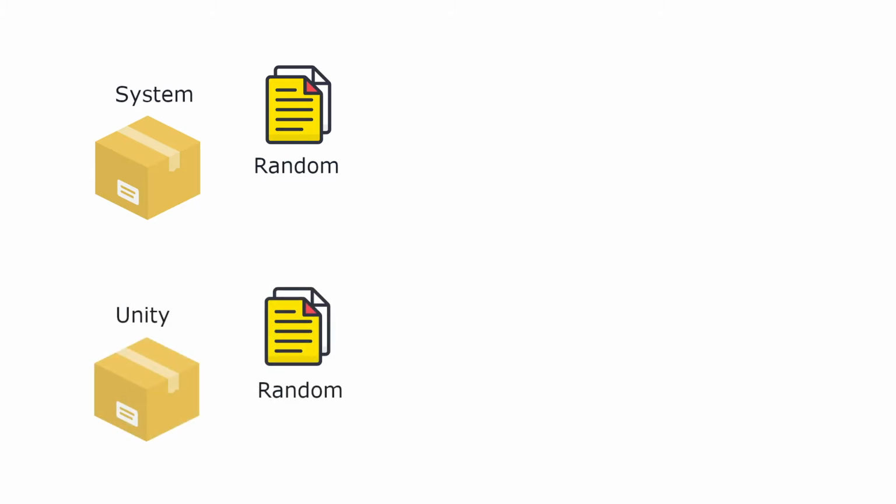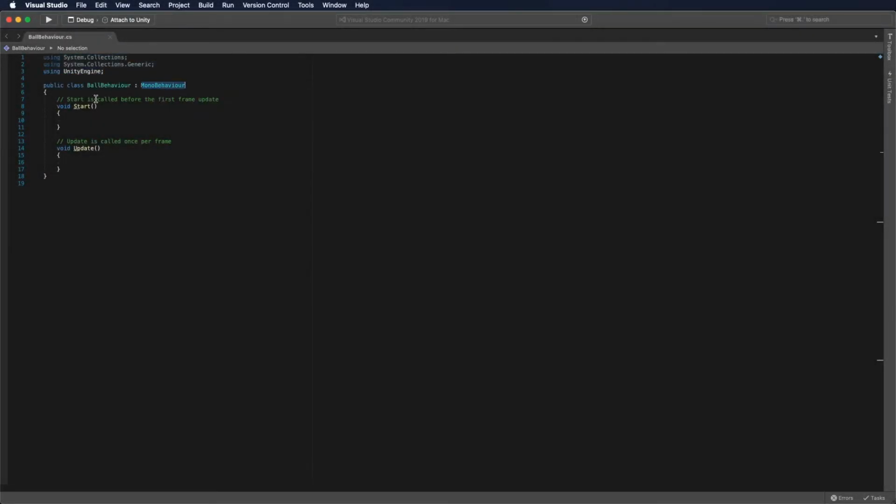And Unity also has boxes of documents, in which there is a document called Random too. In this case, it is unclear to tell Unity which document to use. So at the top of the script we define which box we use by typing the keyword using and then the box name.